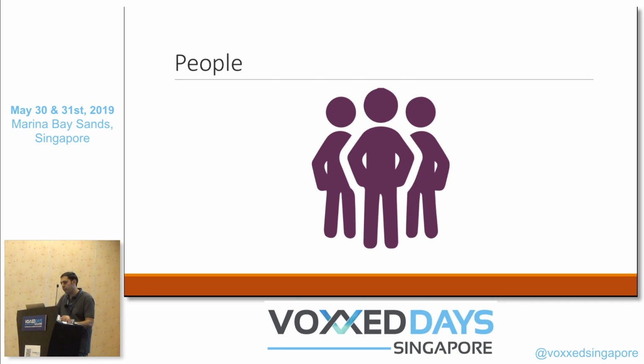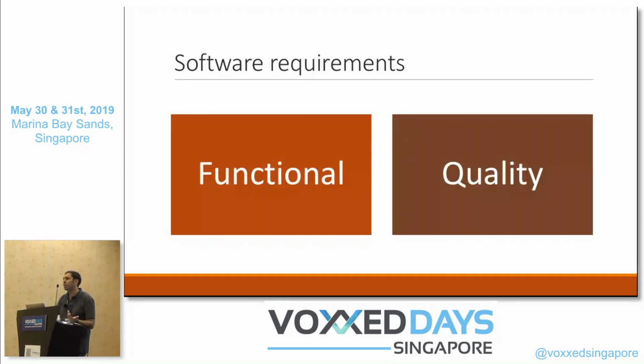When we talk about software requirements, for which we develop the architecture, there are two aspects again: functional and quality. Functional is when we think about the business needs that the software would essentially be solving. And then there is the aspect of quality, or utilities as is commonly known.